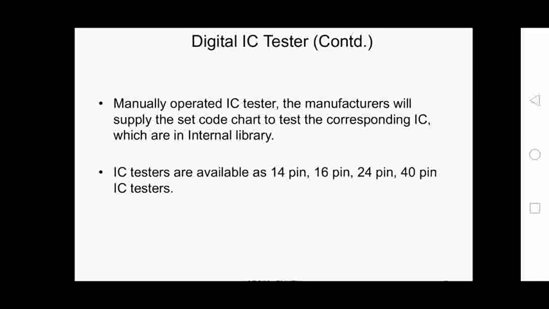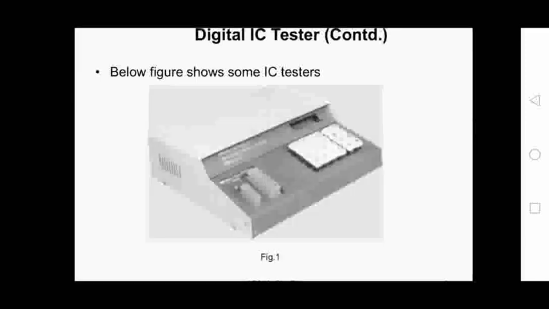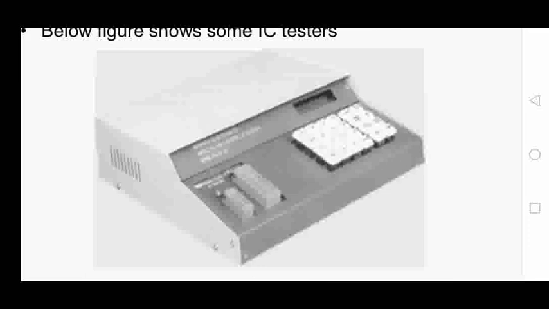For that, manually, the manufacturer will supply the set code chart for the testing of each pin of the ICs. That is internally given, in the internal library. So this is how the IC tester will look. You will have this base on which you have to put the IC, and there are some function keys.